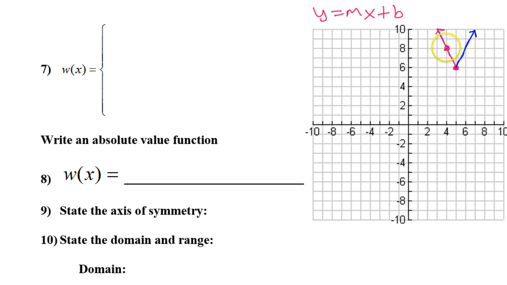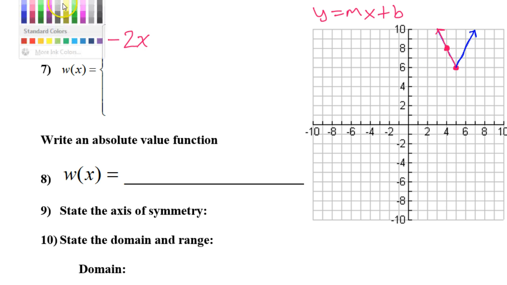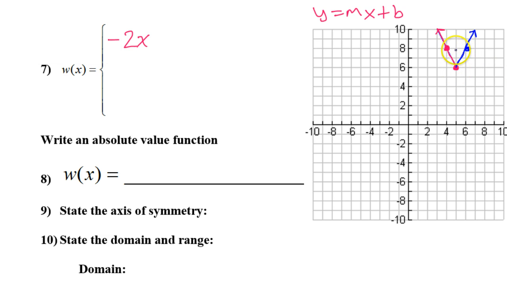From point to point, I'm going down 2 over 1. So that's -2 over 1. So that's -2. So my slope is -2. So I'm going to have -2x, which, by the way, means that I might as well look at the blue side as well. That's up 2 over 1. So that's going to be positive 2x.